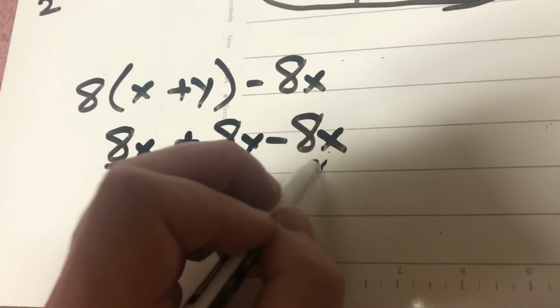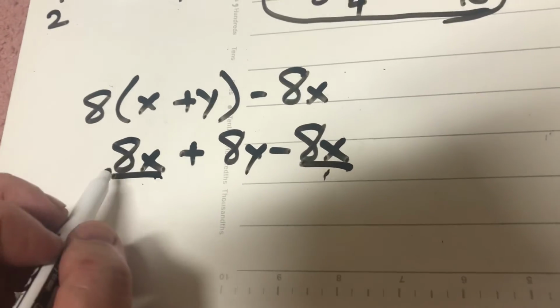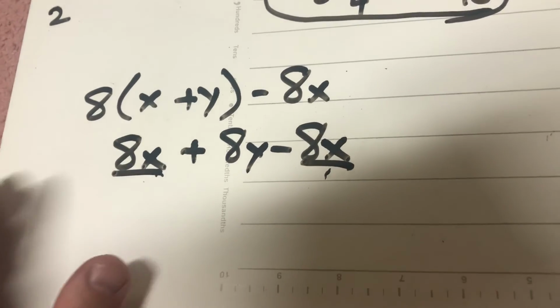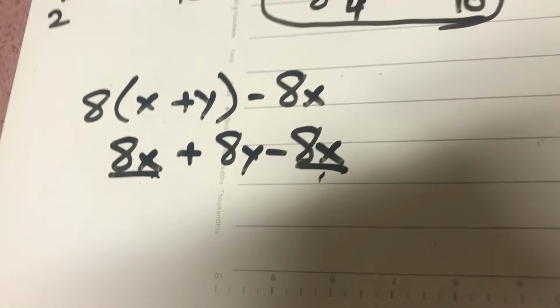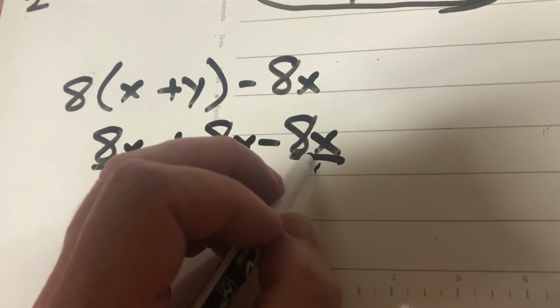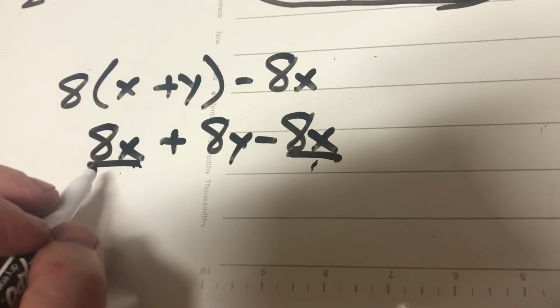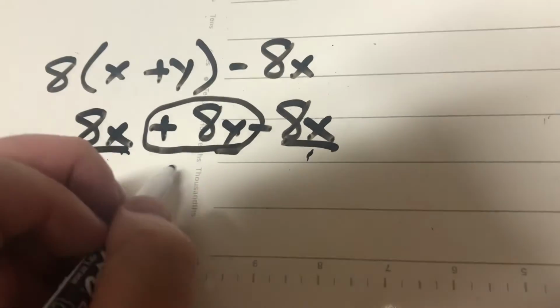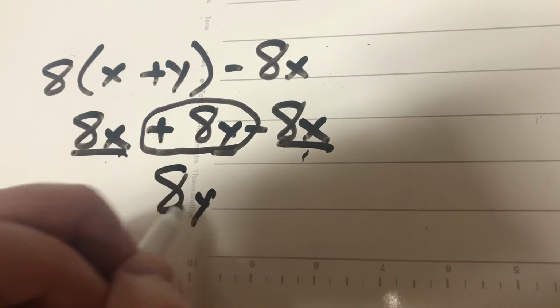This number and this number are the same. And whenever I take the equivalent from itself, just like 4 minus 4 is 0, 28 minus 28 is 0, the same thing, 8x minus 8x is going to leave me with 0, which means that the only thing left is this plus 8y, which means the simplified expression is 8y.